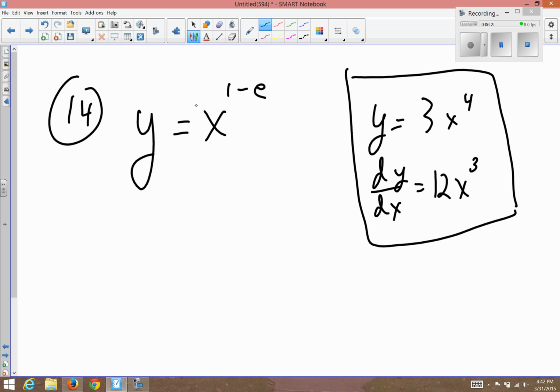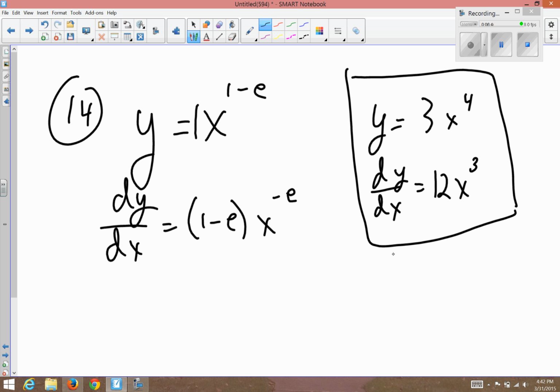That's what this is. The derivative of y with respect to x is the number up here, the exponent, times the number here. 1 minus e times 1 is 1 minus e. The x gets copied, just like in that example. And whatever the exponent is originally, we subtract 1.